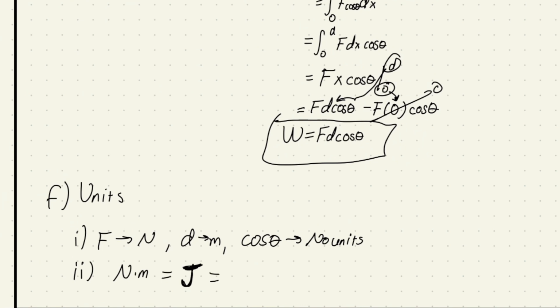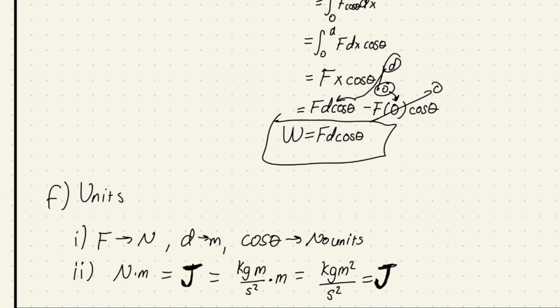And also, a newton is a kilogram, right? It's mass times acceleration, so kilograms are mass. Acceleration is meter per second squared, so kilograms times meters over second squared. And then we multiply that by a meter, and what I get is a kilogram times meters squared over second squared, and that is also a joule. So if you represent it as a newton times a meter, or as a kilogram times a meter squared over second squared, that is correct.